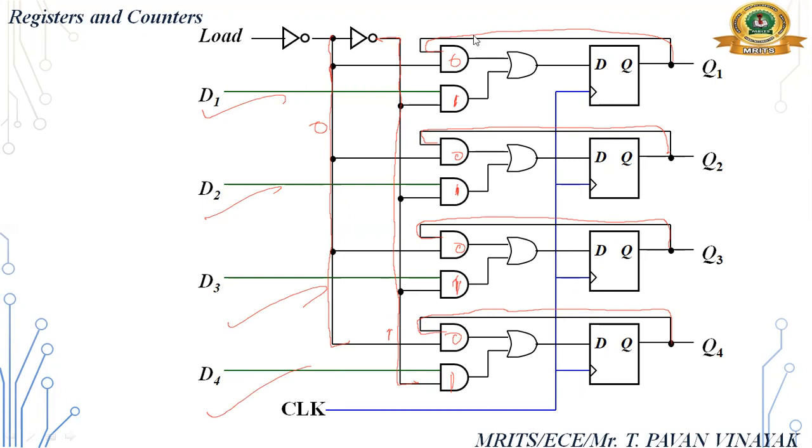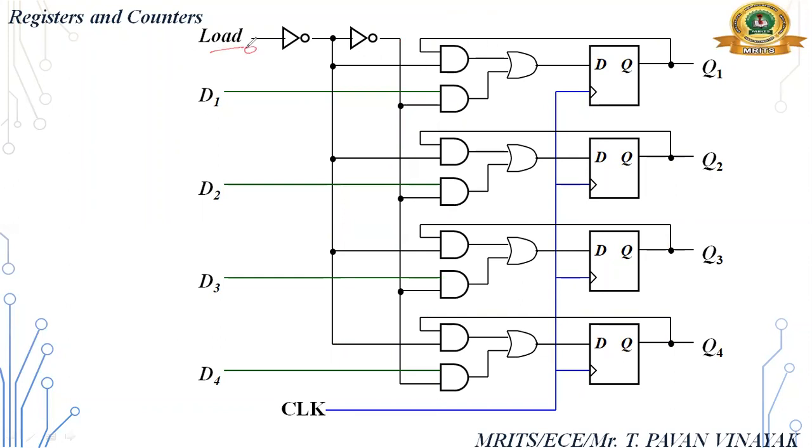And let us see the operation. Whenever load is 0, this will be off, on, off, on, off, on, off. So what is the output here? Q1, Q2, Q3, Q4.